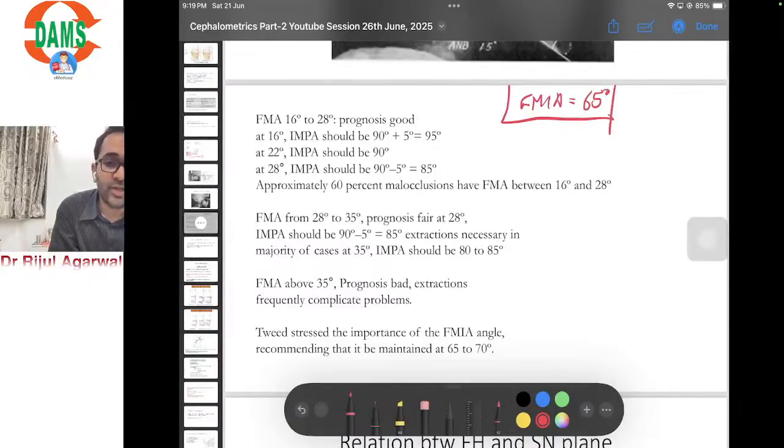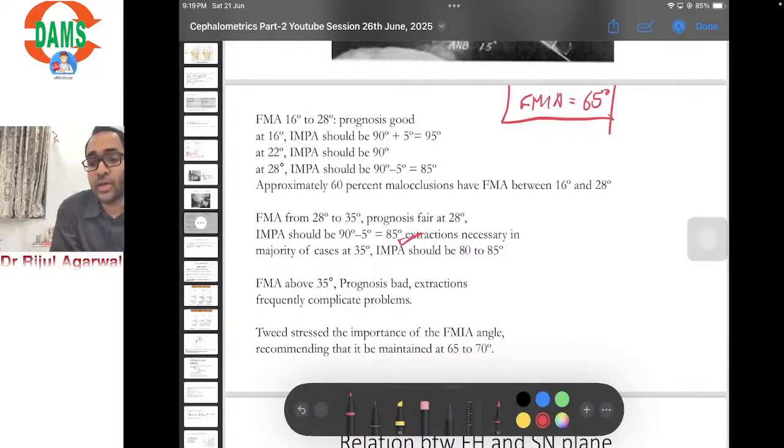According to studies, 60% of the malocclusion cases reporting in a clinic have FMA between 16 and 28 degrees. For the rest 40%, from 28 to 35 degrees, the prognosis becomes fair, and the IMPA needs to be further reduced, which makes the case lean towards extraction. If the FMA is above 35, that is severe vertical, the prognosis is bad and extraction frequently complicates the problem.